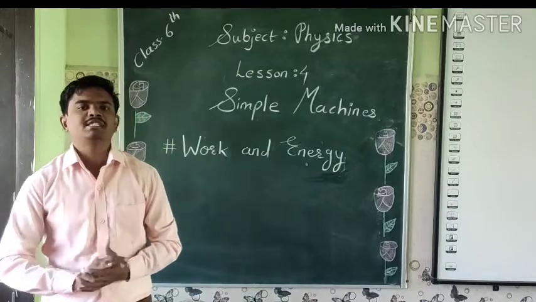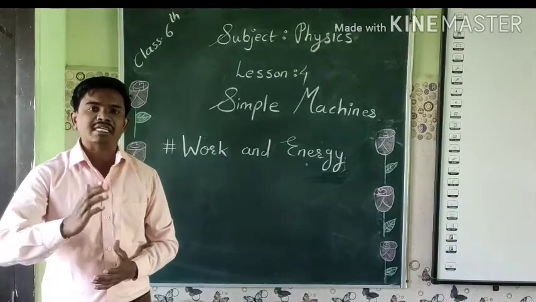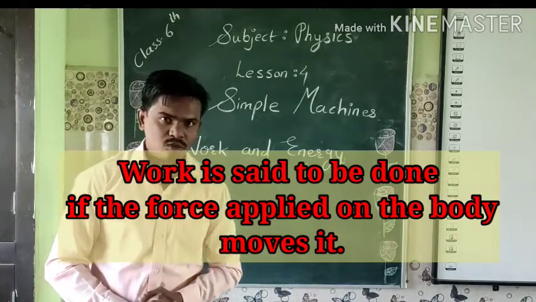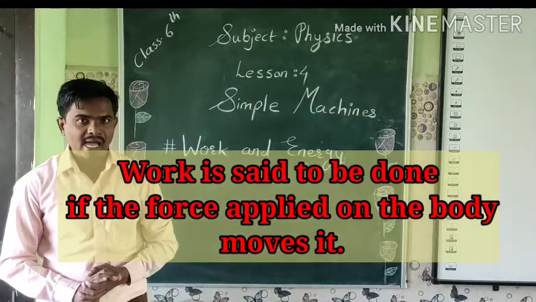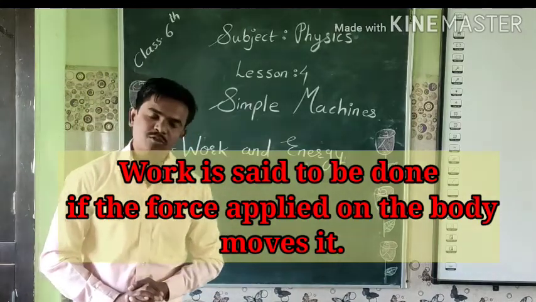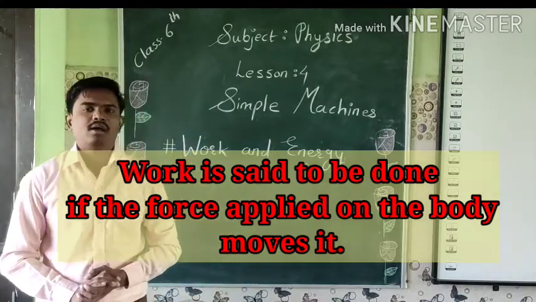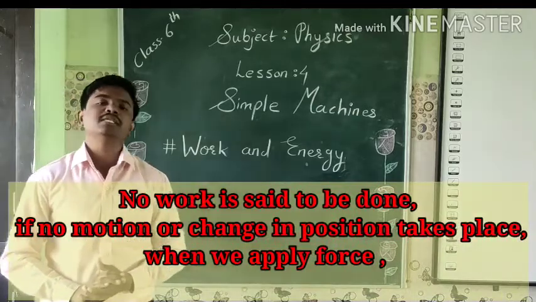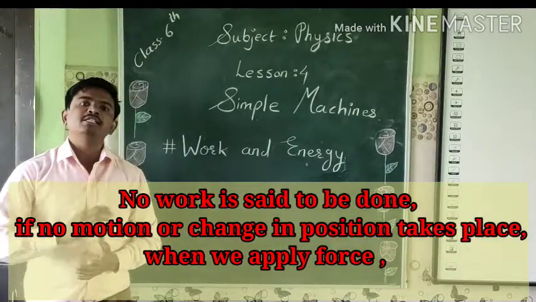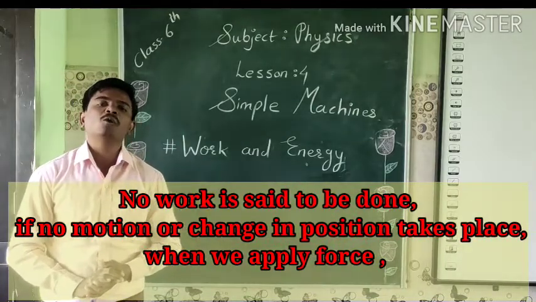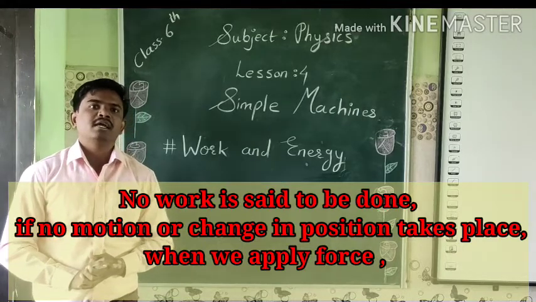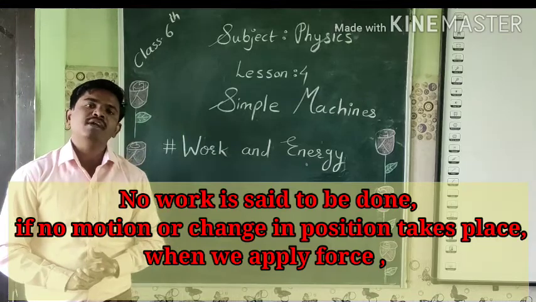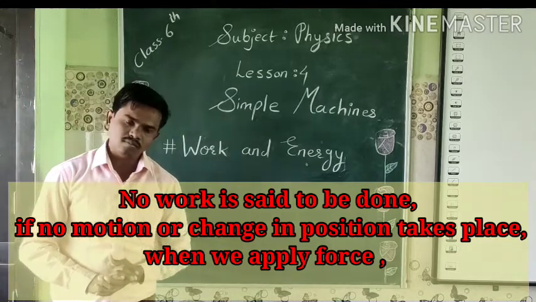So we can say that work is said to be done when we apply a force on a body and the body starts to move, and no work is said to be done if there is no motion or no change in position even if we apply a force on the body.